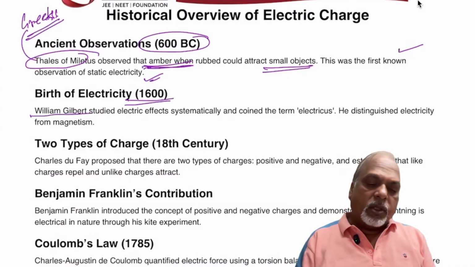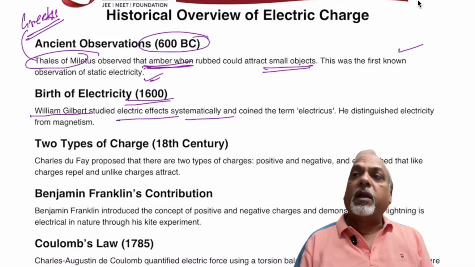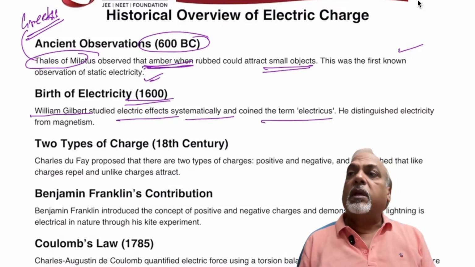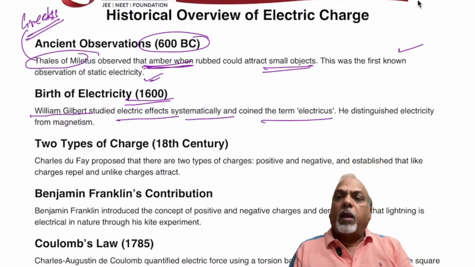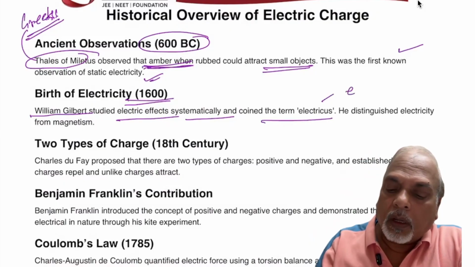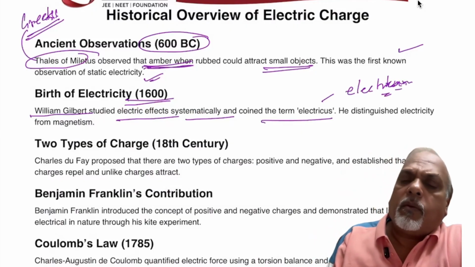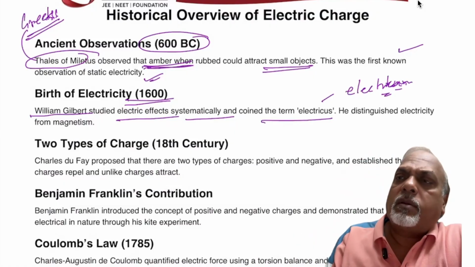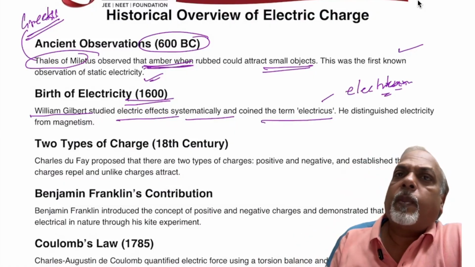William Gilbert studied the electric effects systematically and coined the term electricus. Basically, there is a Greek word electron, and maybe because of that they coined this word electricus.